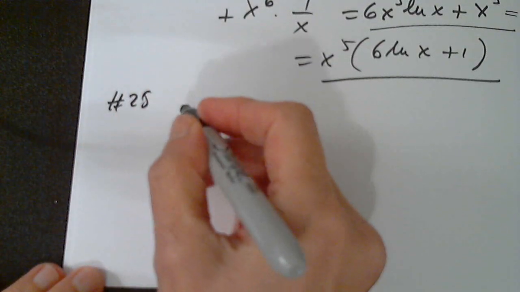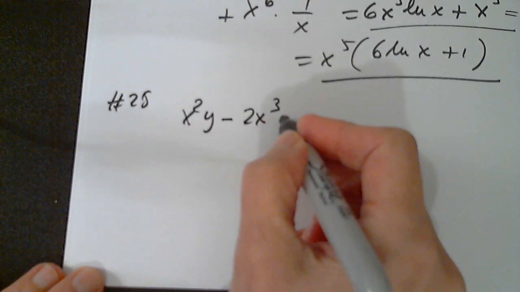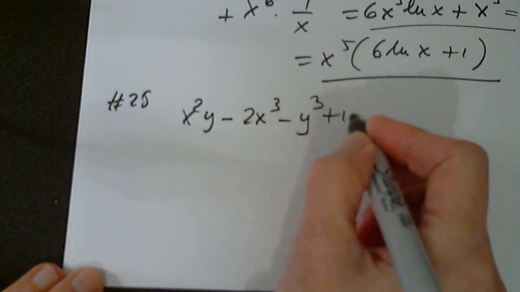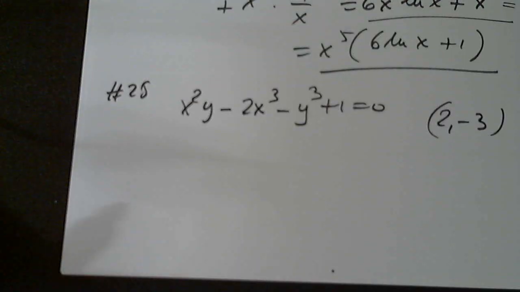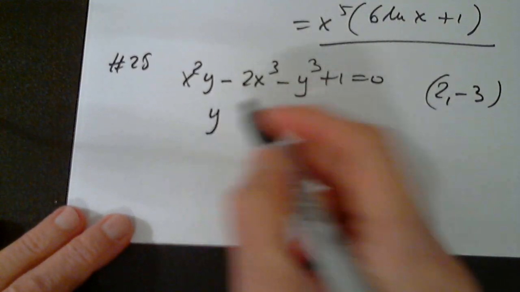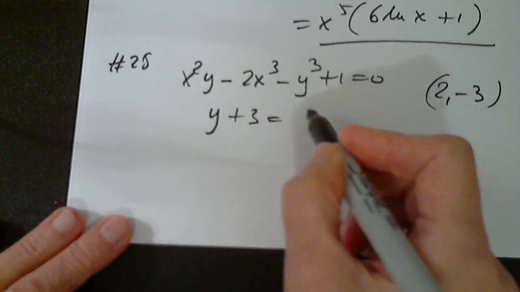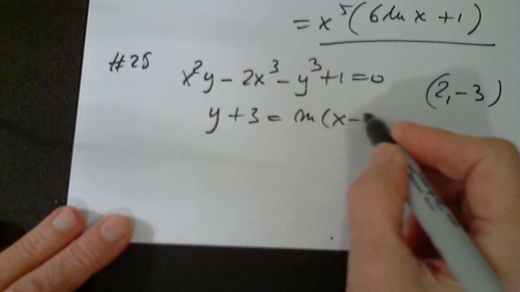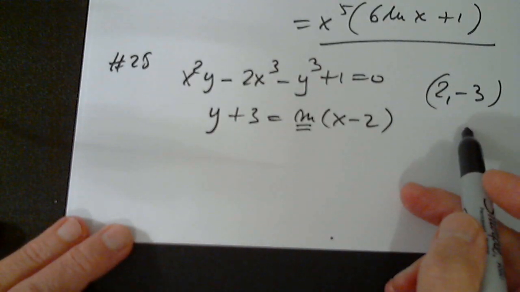So in 28 we have x squared y minus 2x cubed minus y cubed plus 1 equals 0. The point is 2 comma negative 3. And I know that the equation will be y minus negative 3 equals the slope times x minus 2. All I have to do is determine the slope at this point.